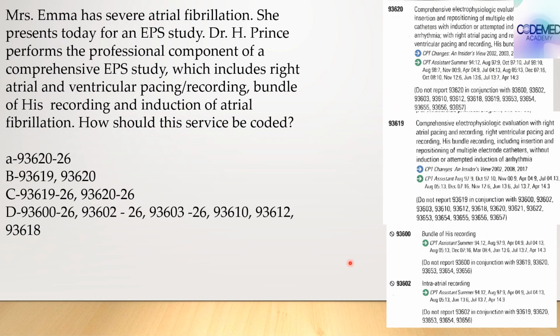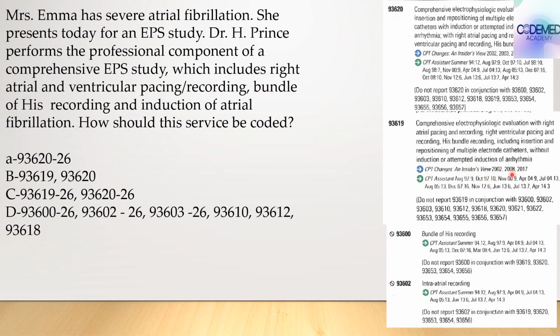So remember, the code language is very important. Why I'm saying that: if you look at the codes 93620 and 93619, the codes are pretty much the same. There is only one word which is different. The code 93620 includes the arrhythmia induction, attempted induction of the arrhythmias, while 93619 does not, it is without induction or attempted induction of the arrhythmia.